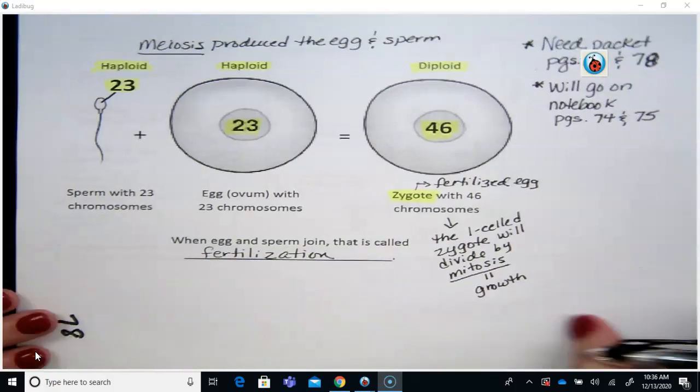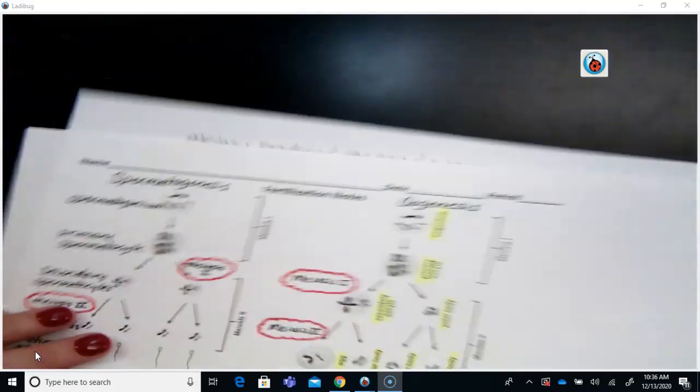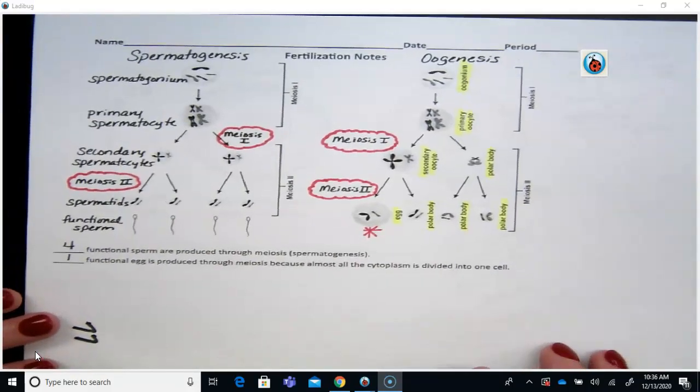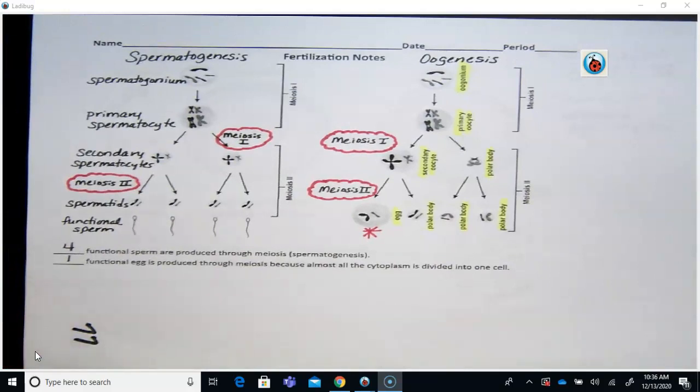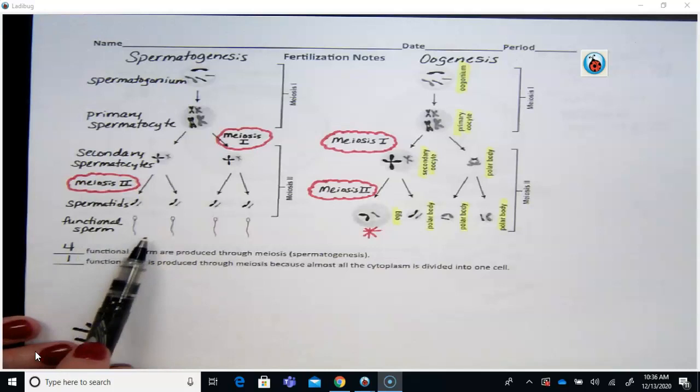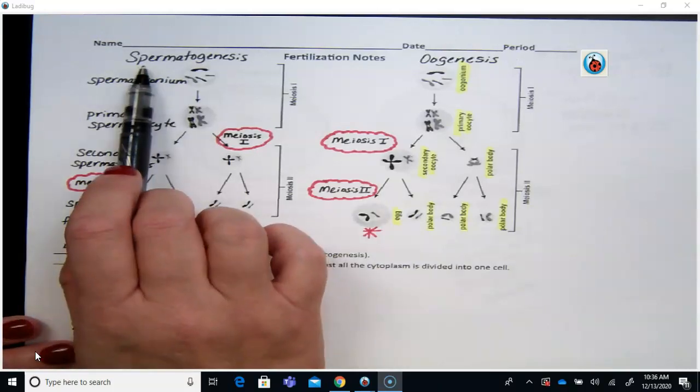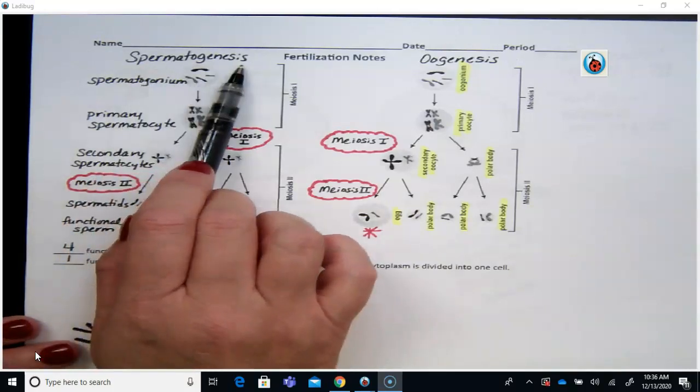Okay, so now I'd like to go on to page 77. Again, talking a little bit more about your fertilization notes. Now, the formation of sperm and the formation of egg are both meiosis happening, but we do call the cells that are undergoing these processes, they have names. So what we're going to do is we're going to start with the formation of sperm cells, which is technically called spermatogenesis.